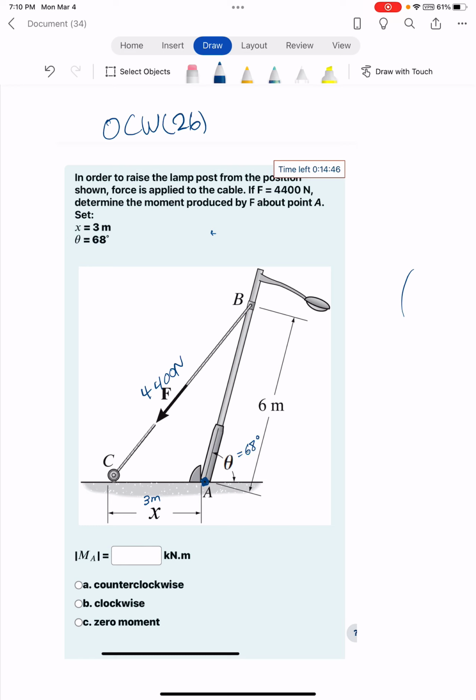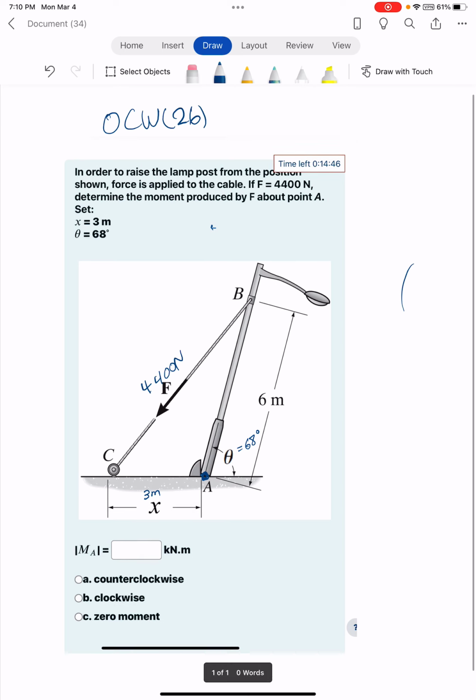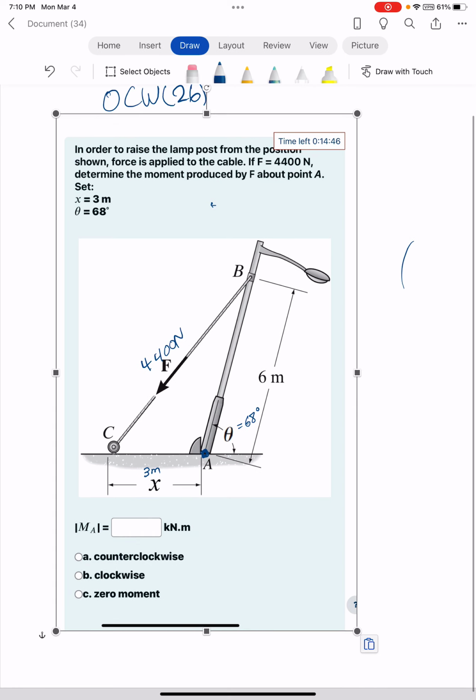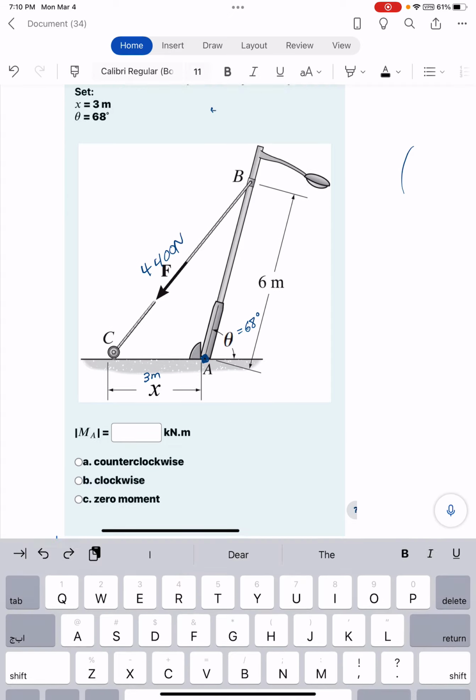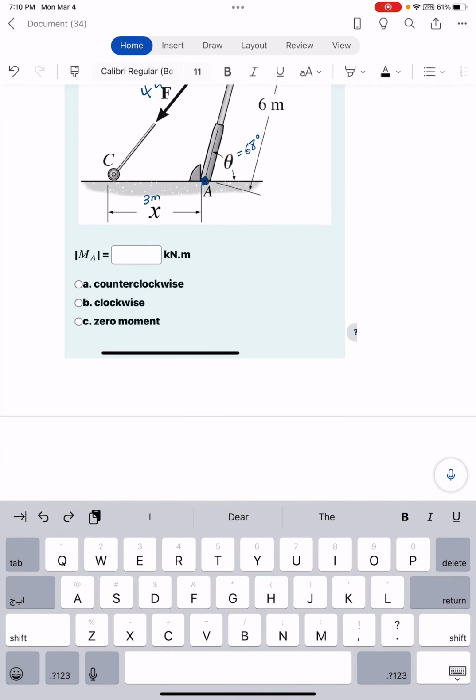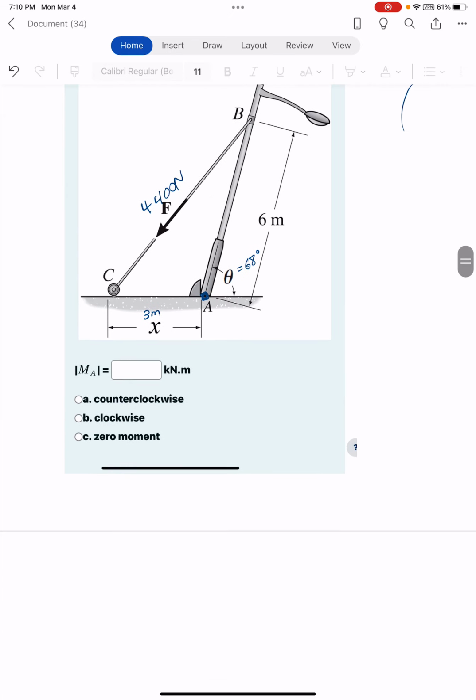Okay, so let's look at this problem from one side. Let's draw it.